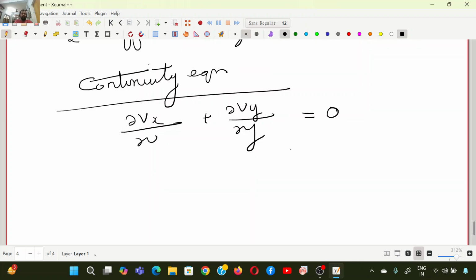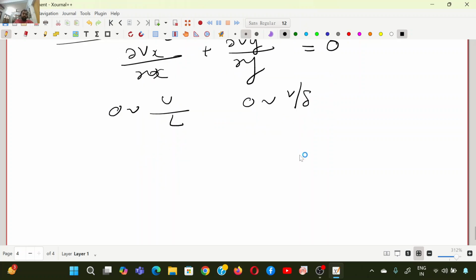The first term is of the order of u by L. This is of the order of v by delta. So obviously from this equation, u by L should be of the same order as v by delta. But since delta is much, much less than L, v should also be much, much less than u.